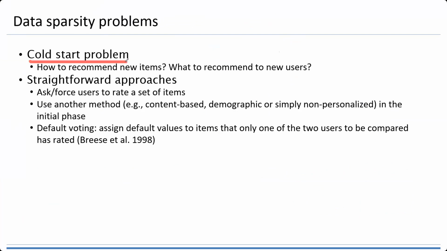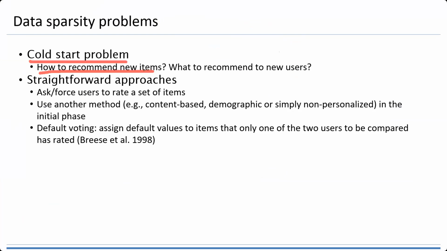What does it mean? Cold start: how to recommend new items? I have a new product, but nobody has bought the product. Then how can I know who will buy this product? So that is the issue in the cold start problem.